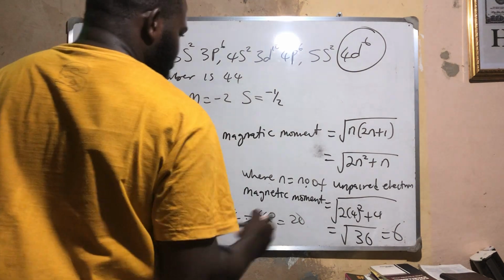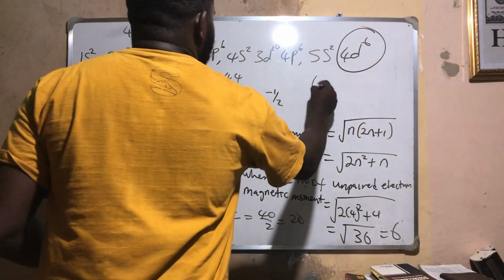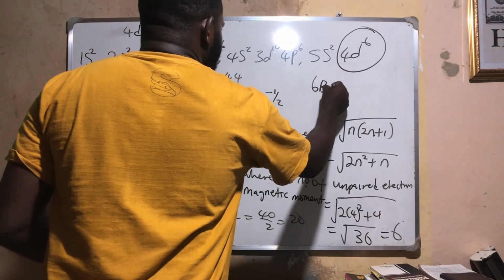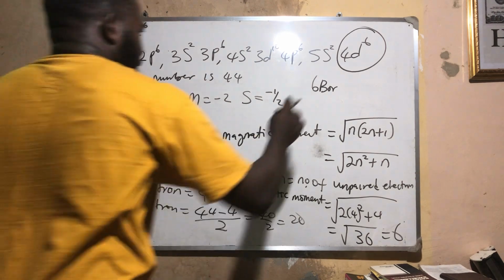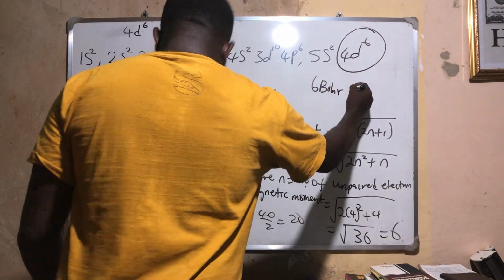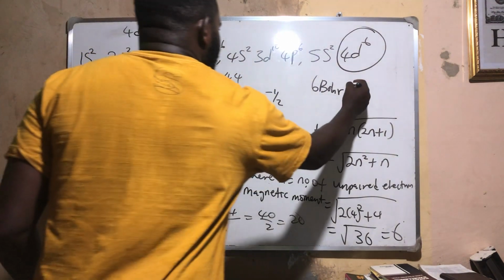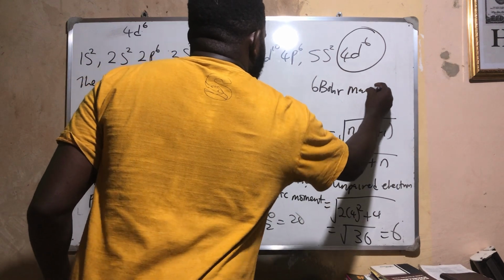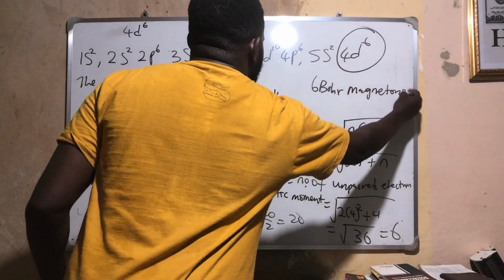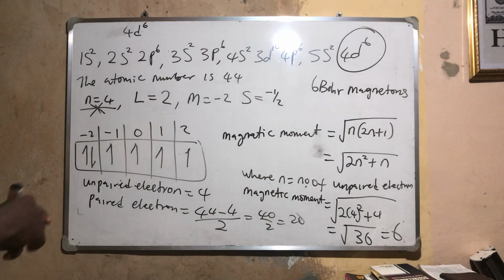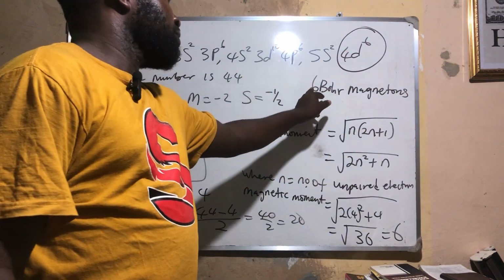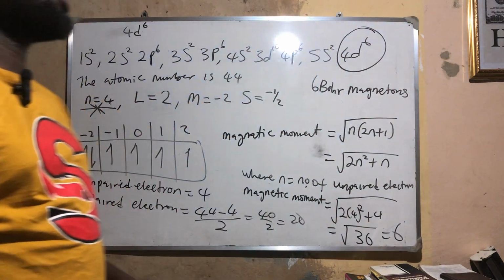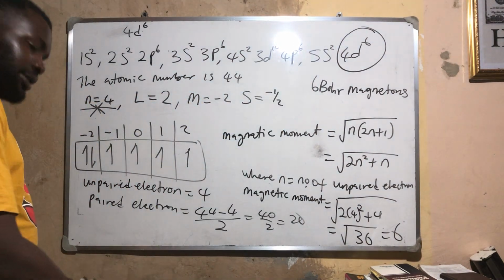Bohr magnetons is the unit of magnetic moment. So it is 6 Bohr magnetons. All right, so that is that.